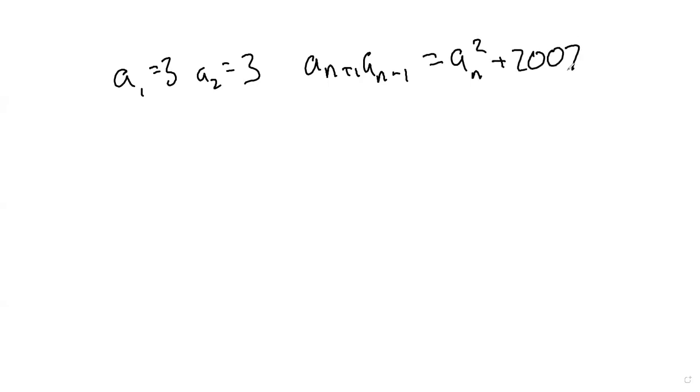So A1 equals 3, A2 equals 3. Wait, what do you want me to go back to? The problem? I'm writing it right now. And we want the floor of this monster.